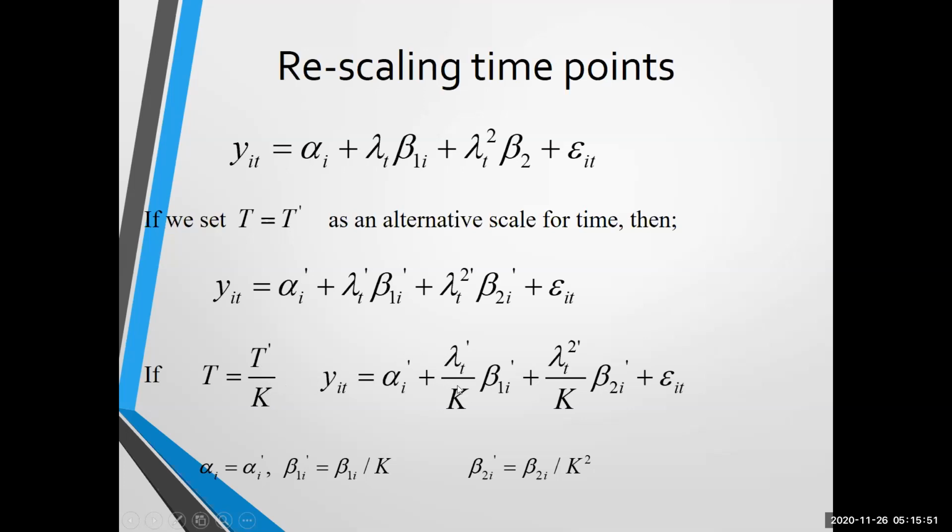Therefore, you can use that k constant to obtain the original parameters. The intercept will not change, but the slopes can be divided by k.